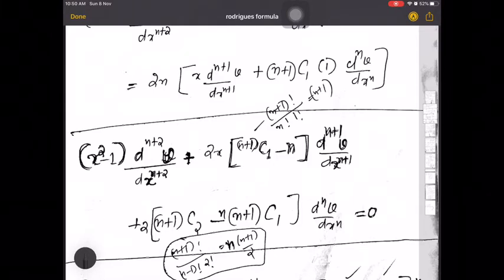So as we take the terms on the right hand side to the left hand side, you will be getting this. Now what is n plus 1 c1? n plus 1 c1 is n plus 1, and n plus 1 c2 is this. This is n plus 1 c1.